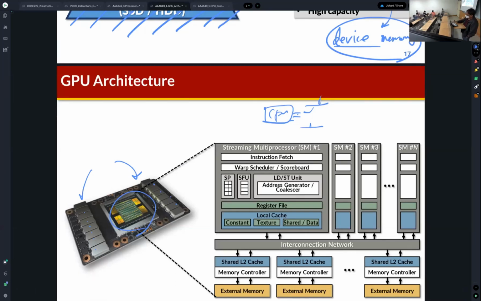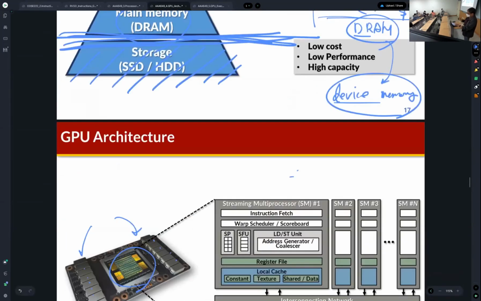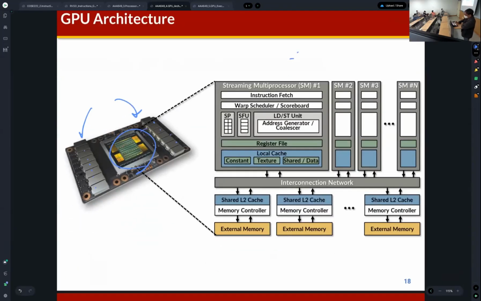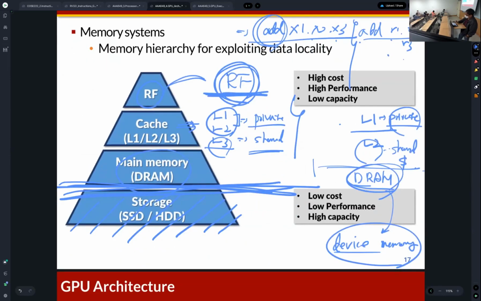But in the GPU, because the memories are already soldered on the GPU card, the GPU uses all existing memory channels supported by the GPU chip. It's already fixed. We cannot change this configuration. So it's a device memory, DRAM.